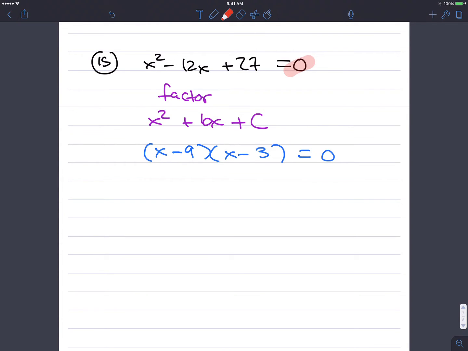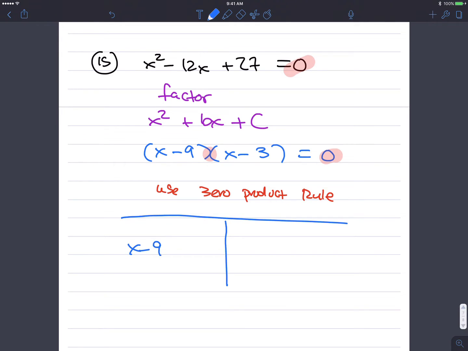Now we have a product and 0. Use your 0 product rule. X minus 9 is 0, or x minus 3 is 0. Okay?